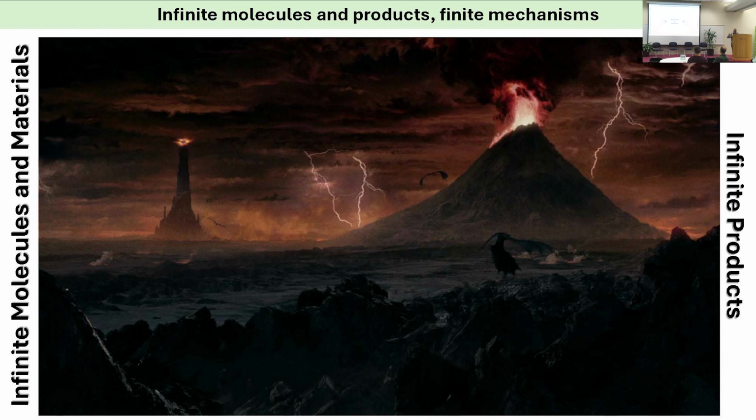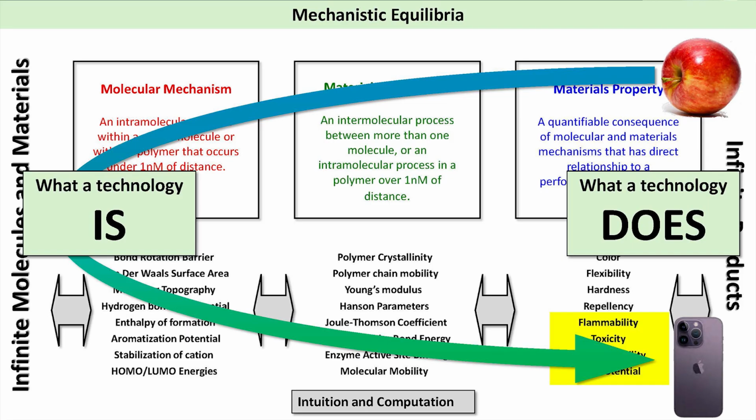And so if we look at a product is defined by a material property. Okay, is it blue? Does it stretch? Is it sticky? Okay, it's a quantifiable consequence of molecular mechanisms, all right? But it's still not a molecule. But a material property is created from material mechanisms, crystallinity, chain mobility, Hansen parameters.